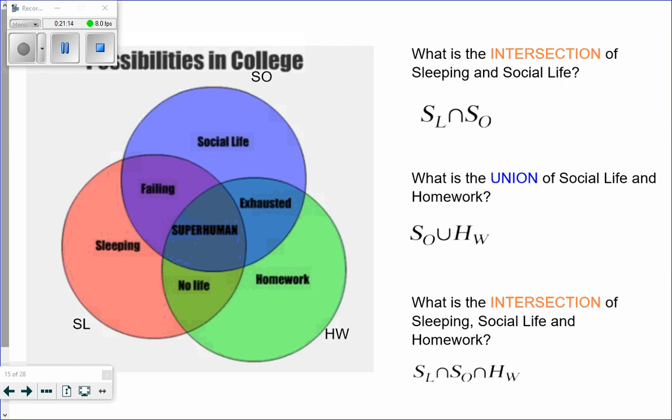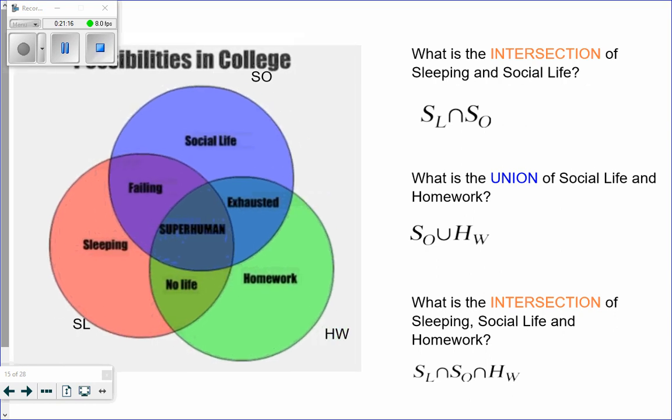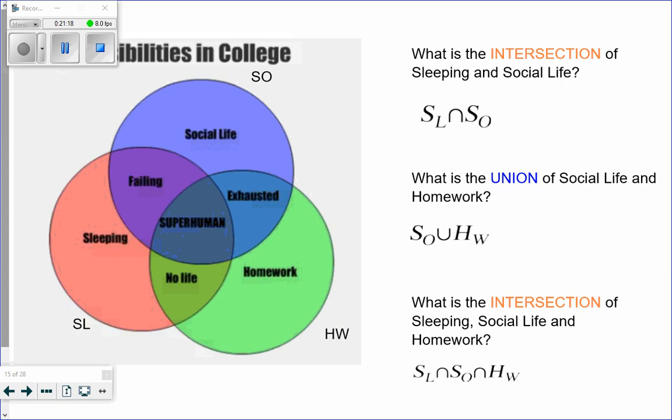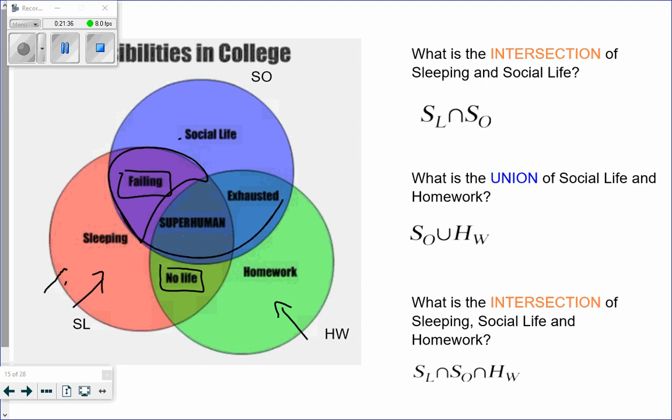This person right here is failing. Why? Because they have a social life and they're sleeping, but they're not doing any homework. Okay? This person has no life. Why? Because they're sleeping, they're doing homework, but they're not having any social life.